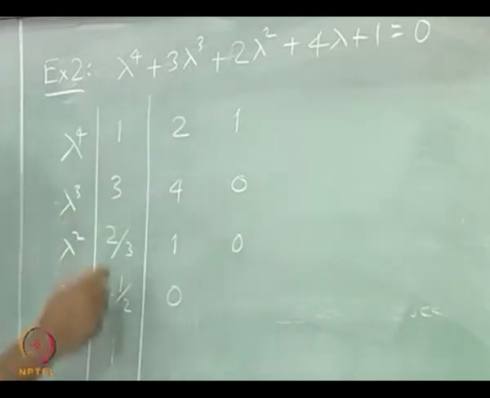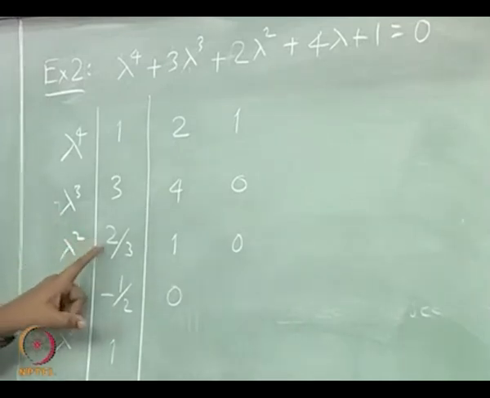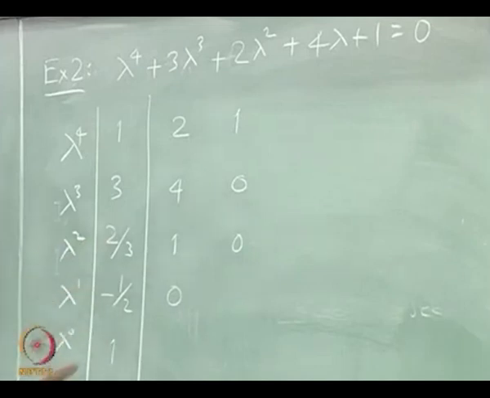So because there is a change in sign, no, and change in sign twice, so one is from positive to negative and from negative to positive, right.